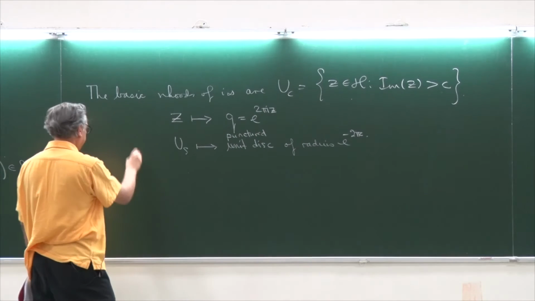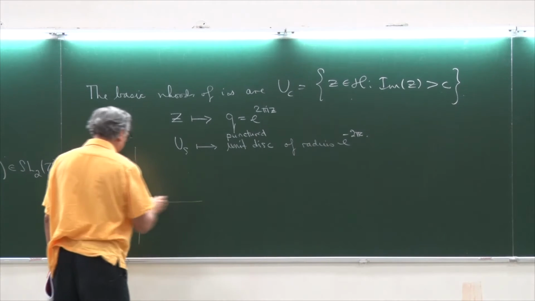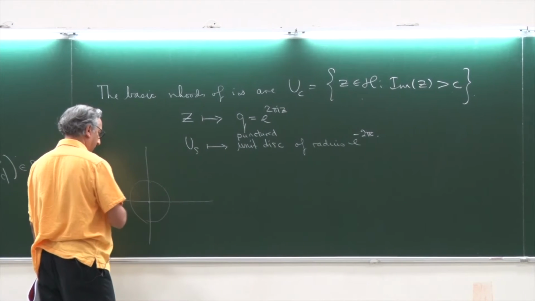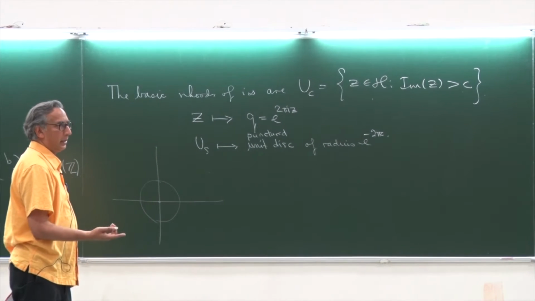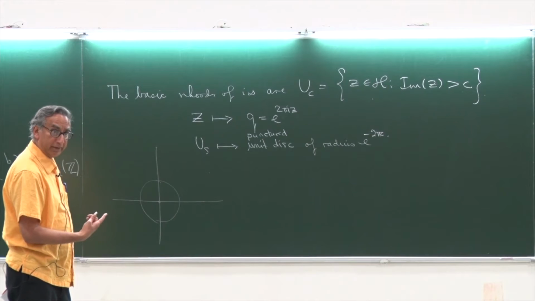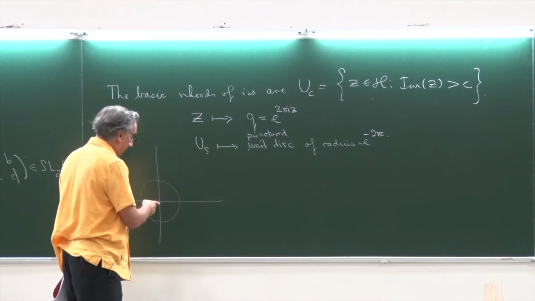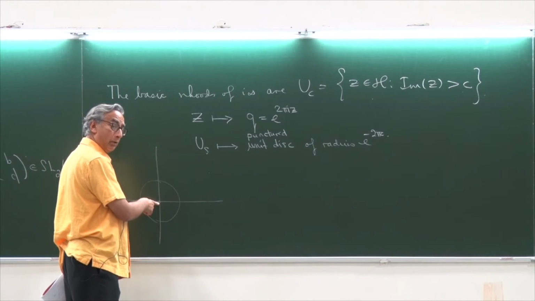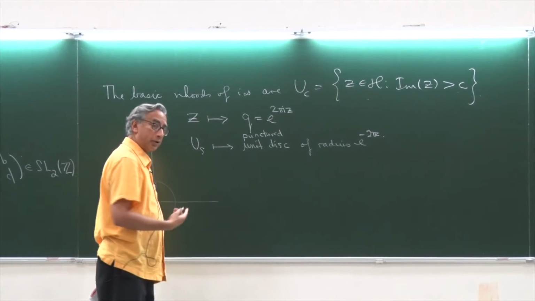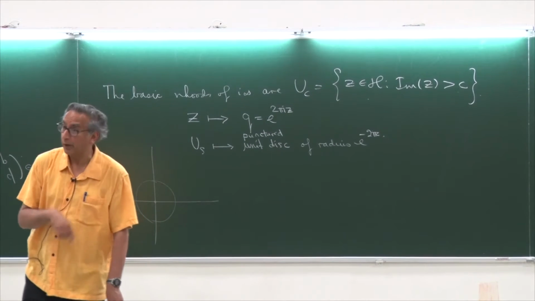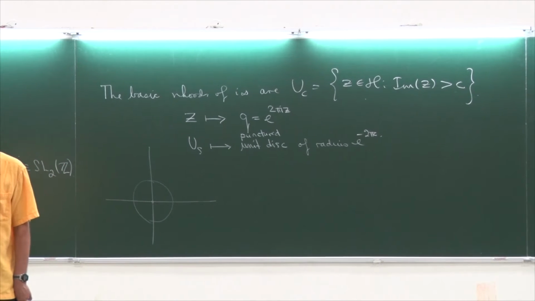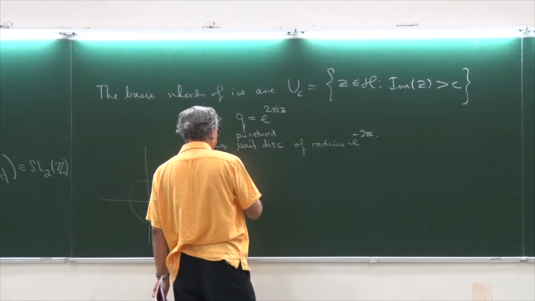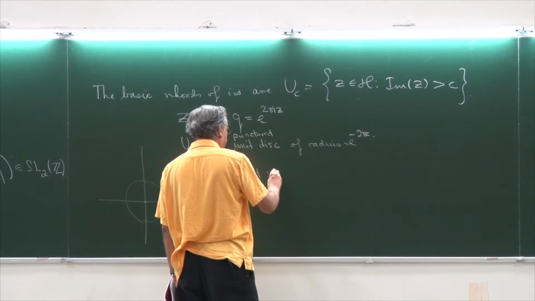So you have this punctured disk without the origin, and we're saying that the function is holomorphic at infinity translates to saying that the function is holomorphic in this thing, including 0. So as such, it's a holomorphic function in the neighborhood of 0 under this mapping, and so it has a Laurent expansion.